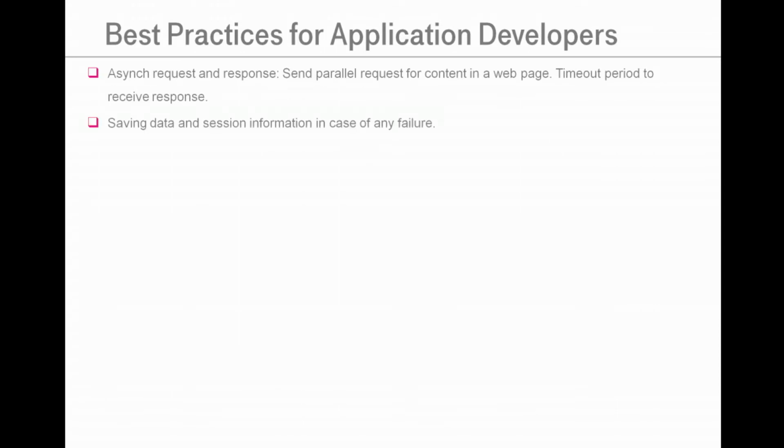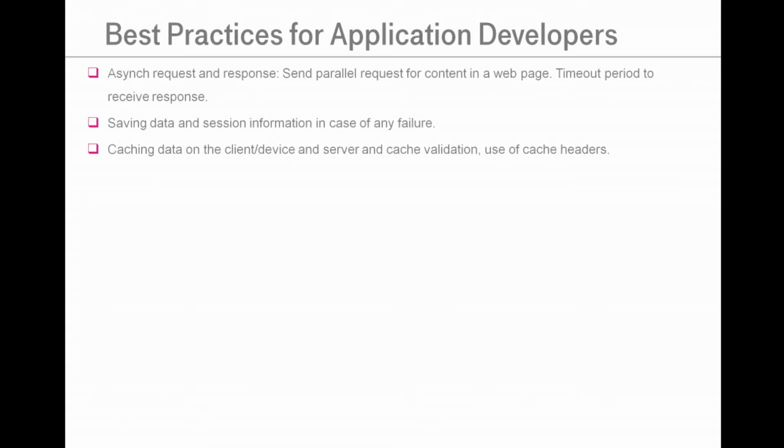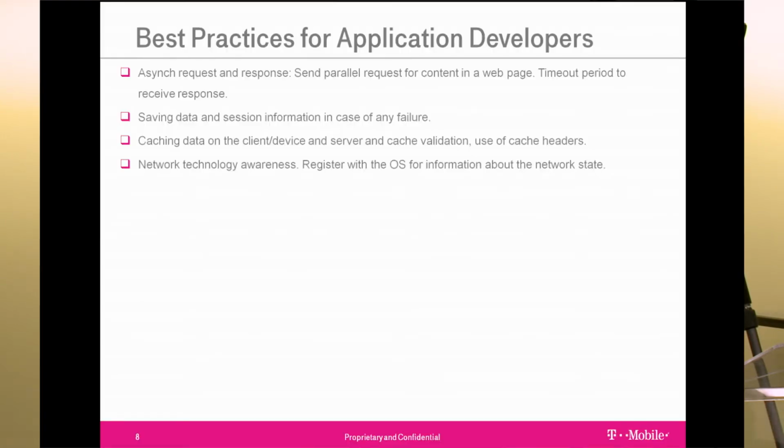When you're requesting data, do it asynchronously and in parallel, so that when your page is loaded and you have images, those get loaded in parallel as well, so that your page download is not blocked due to the images.